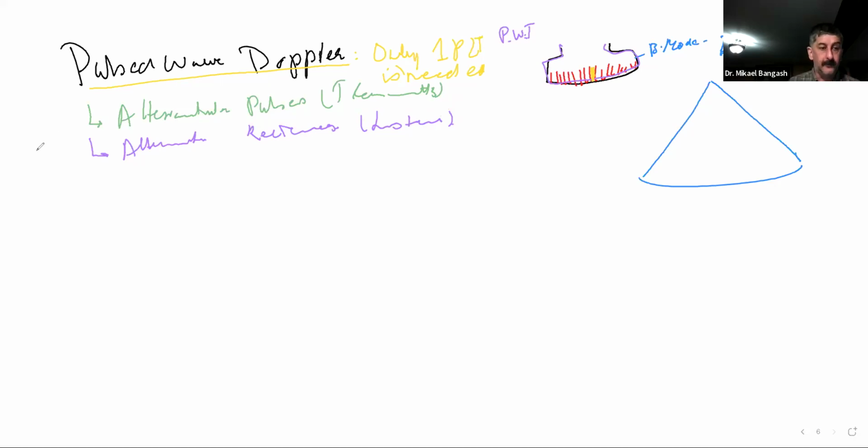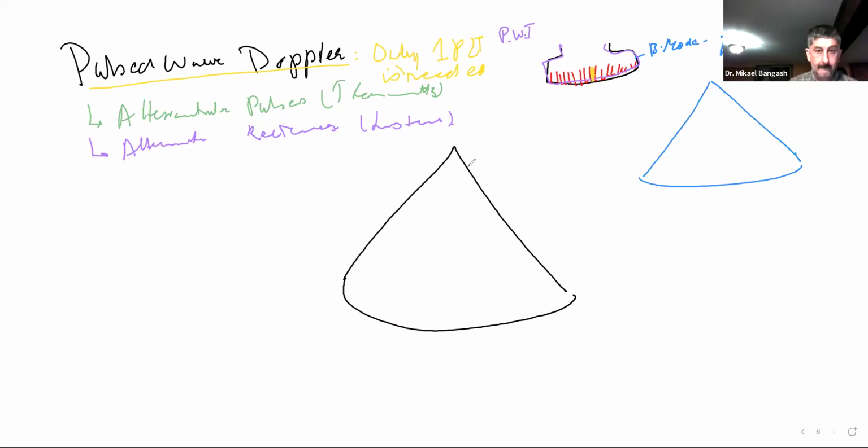Now when we turn on a pulsed wave Doppler, what is it that we will see on our image? Let's say this was our B mode image. What you will end up seeing is something like this pops up.